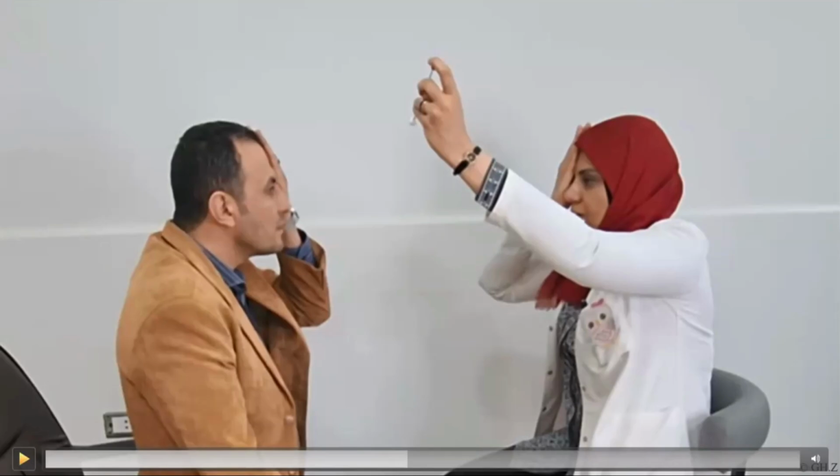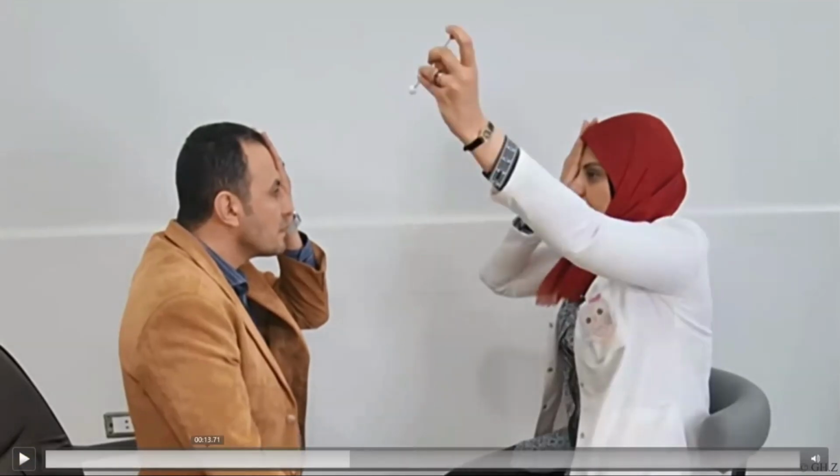So after asking him to close the left eye and you have closed your right eye, you have brought this white pin in the middle of the distance between you and the patient. And then you have asked the patient to look straight into your eyes, and you have the white part of the pin superiorly, superior temporal. I'm testing here the superior temporal quadrant.